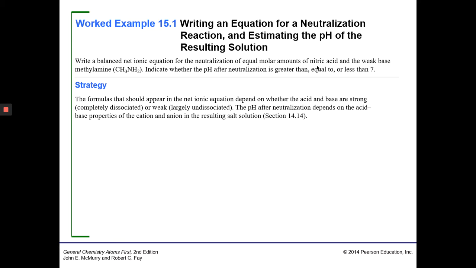Okay, so the formulas that should appear in the net ionic equation depend on whether the acid and base are strong, completely dissociated, or weak, largely undissociated. The pH after neutralization depends on the acid-base properties of the cation and anion in the resulting salt solution.